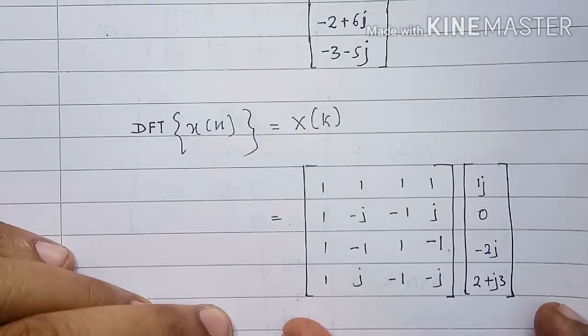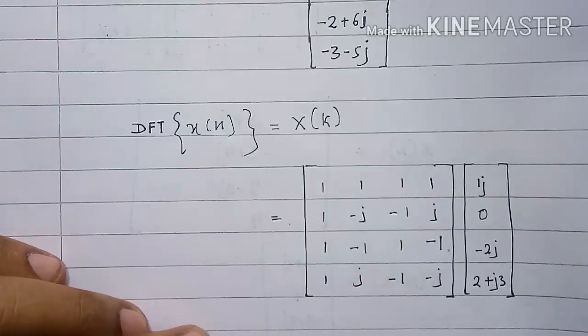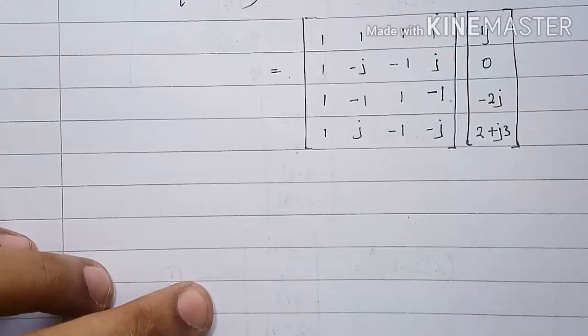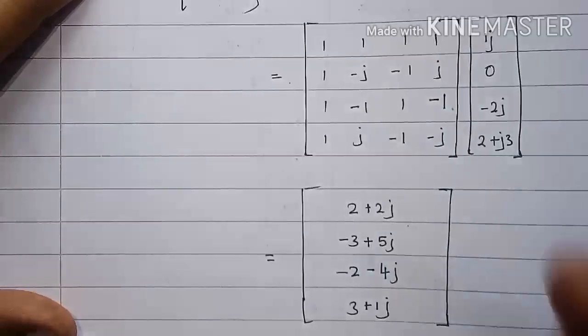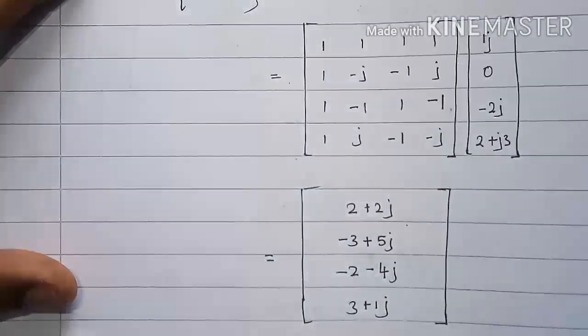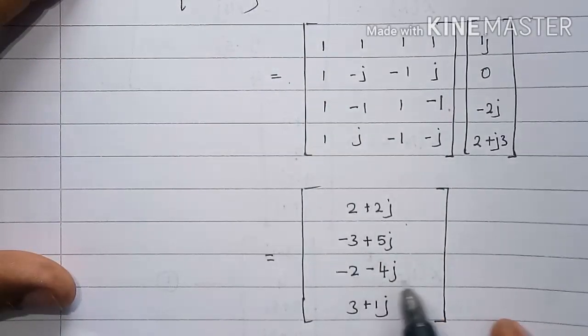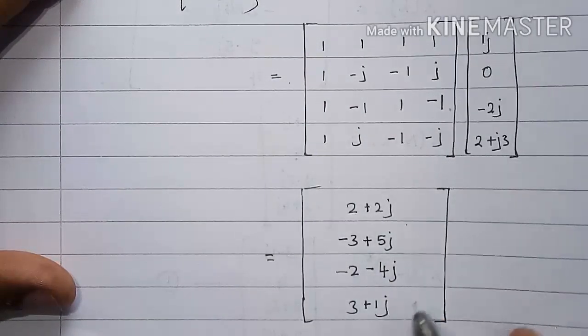You multiply once again these two matrices and see what you get. Yes, after multiplication your result should be 2 plus 2j, minus 3 plus 5j, minus 2 minus 4j, 3 plus 1j.